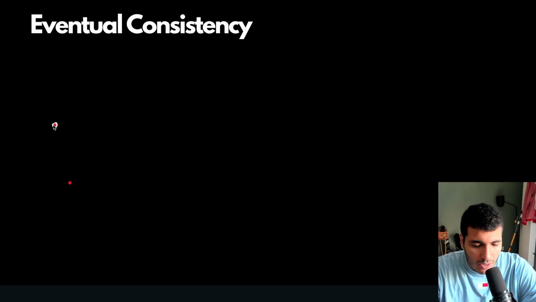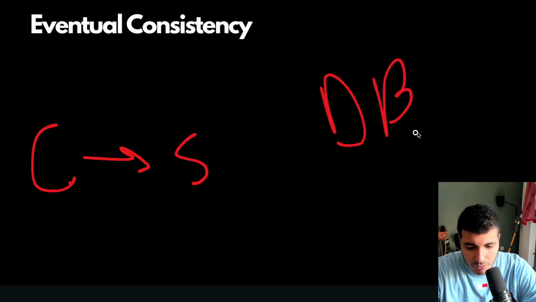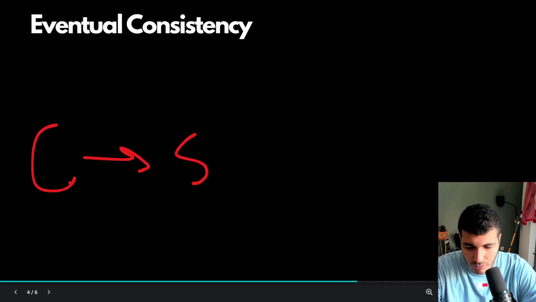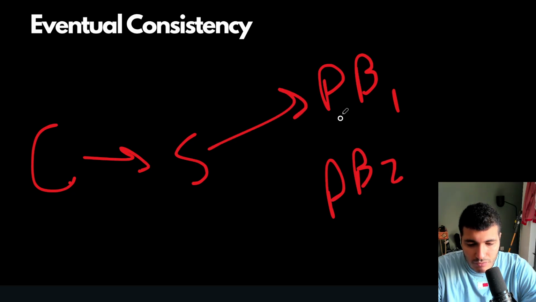So again, if we have the client that tries to send a request to the server, and we have two DB instances, DB1 and DB2, and the server tries to make a write request to DB1.